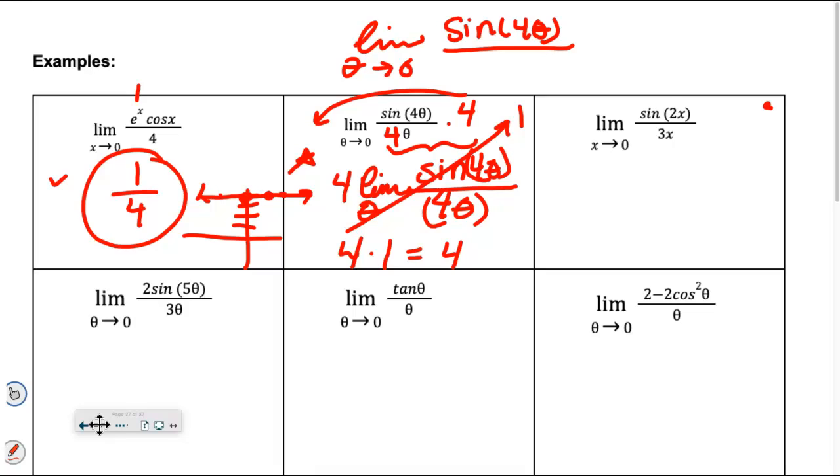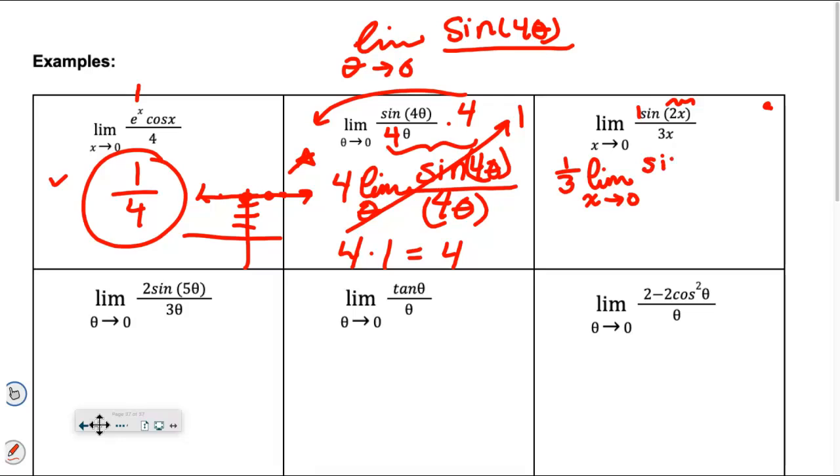But I will notice that I do have sine of some stuff. What I'd really like it to be is sine of 2x over 2x. So I'm going to create that. I technically have a fraction of 1/3. Their limits are themselves. The limit of a constant is that constant as you approach any numerical value.